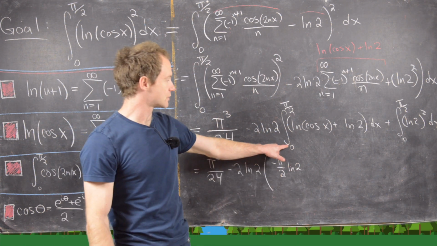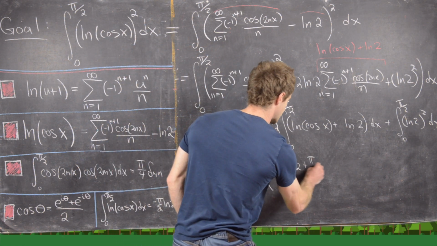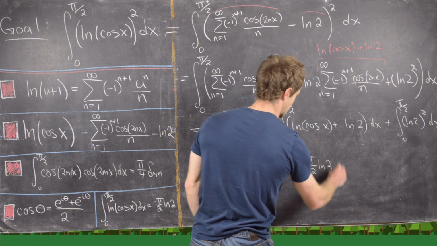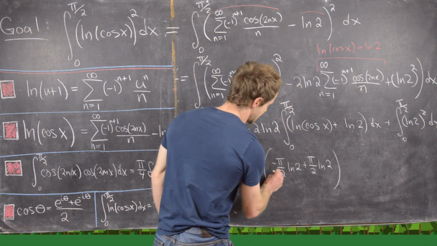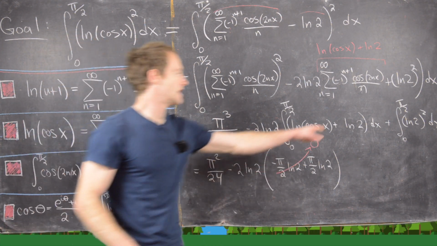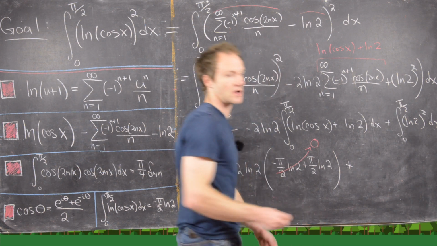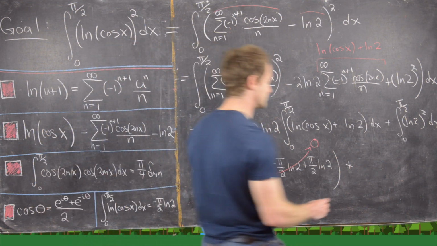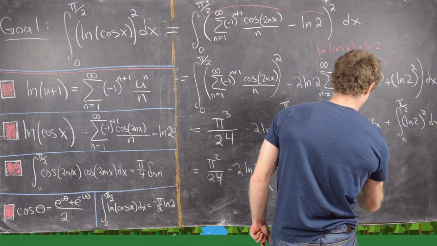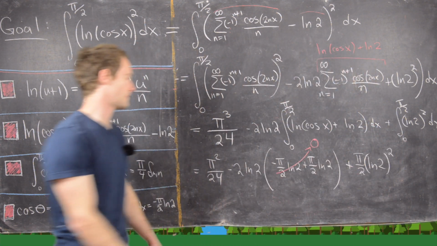And then the integral from 0 to pi over 2 of natural log of 2 is going to be plus pi over 2 times natural log of 2. So those guys are going to cancel out. And then finally, this integral over here of a constant, which is natural log of 2 squared, from 0 to pi over 2, is going to give us pi over 2 times natural log of 2 squared.